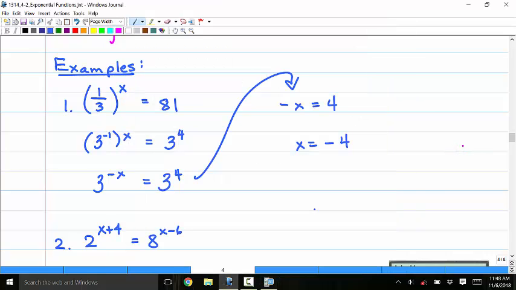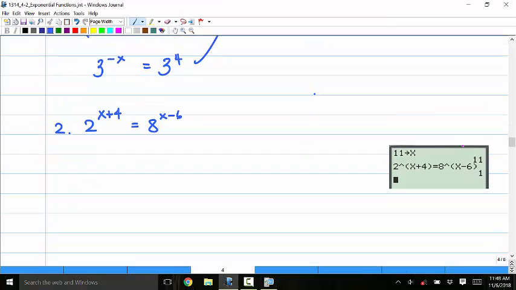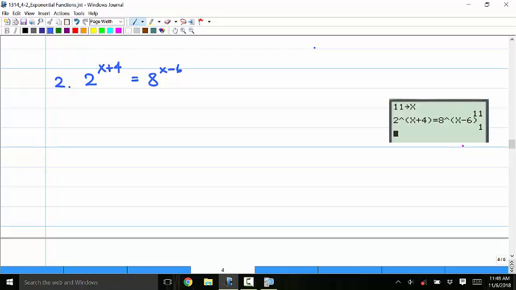Cool. All right, let's go do number 2. 2 to the x plus 4 equals 8 to the x minus 6. What base do you want both sides to be? Base 2? What is 8? 2 to the 3rd.